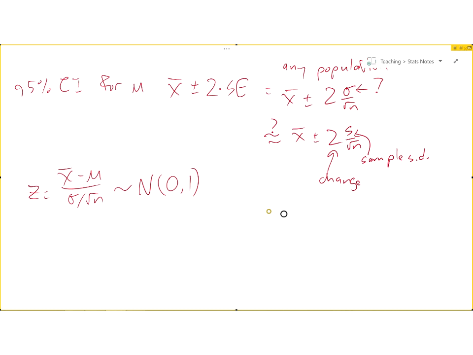But if we change that sigma to an S, then the distribution isn't quite normal anymore. It's a little more tail-heavy, in fact. How much more tail-heavy, again, depends on n. We say this has a t distribution, so we use the letter t to represent that instead of the letter z.